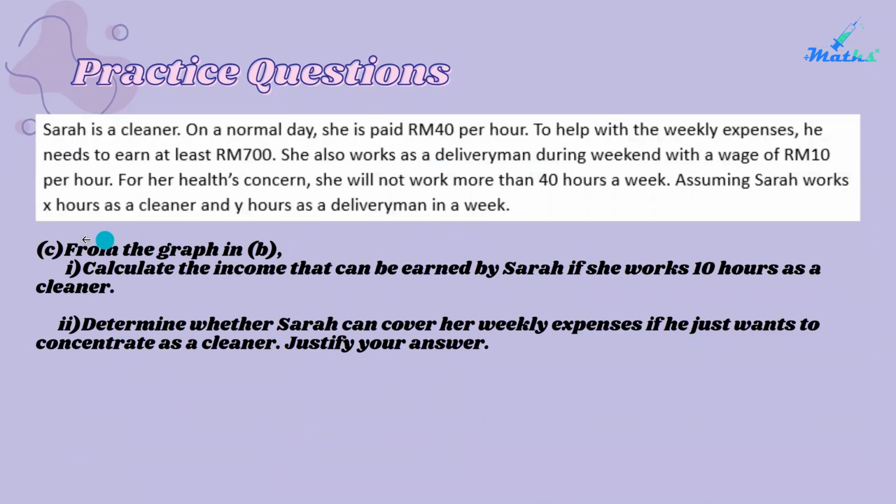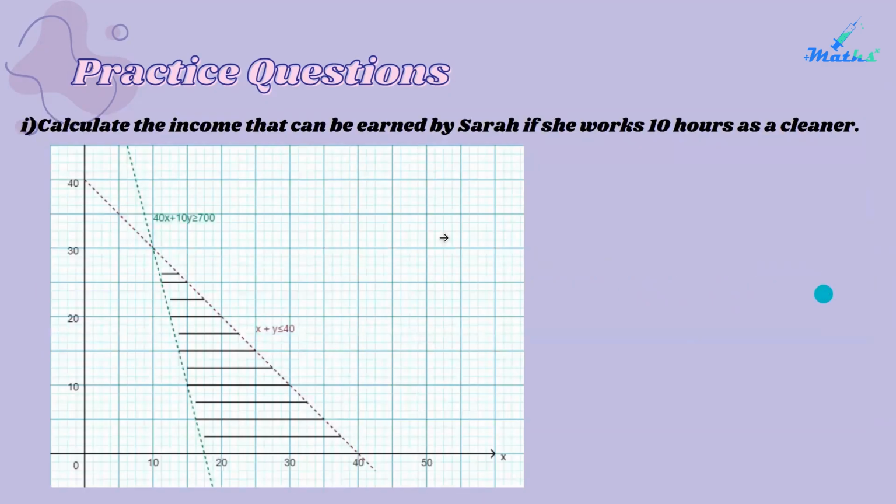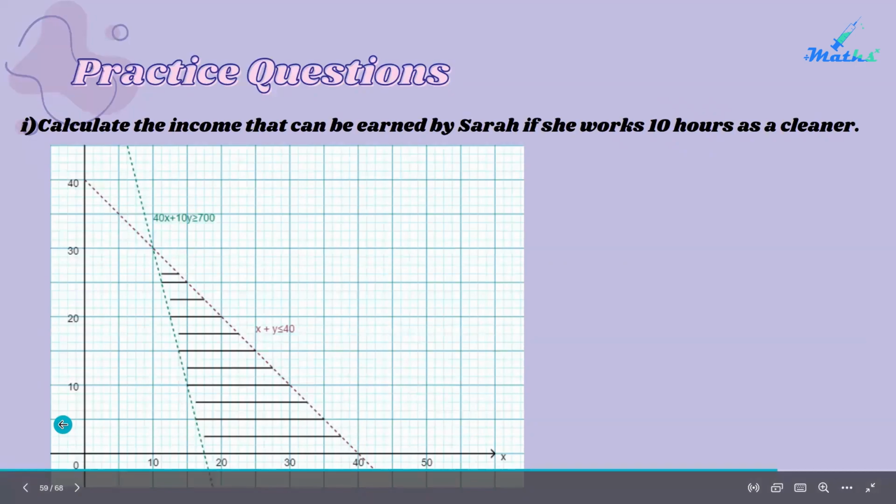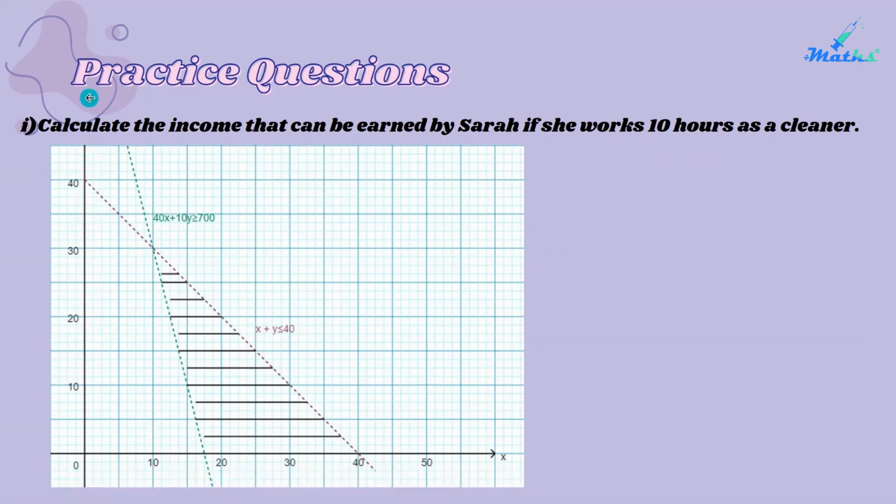And next, from C, from the graph in B, we got two questions here. We'll see them one by one. Roman 1, calculate the income that can be earned by Sarah if she works 10 hours as a cleaner. So our x is the hours of the cleaner, and our y is the hours of the delivery man.